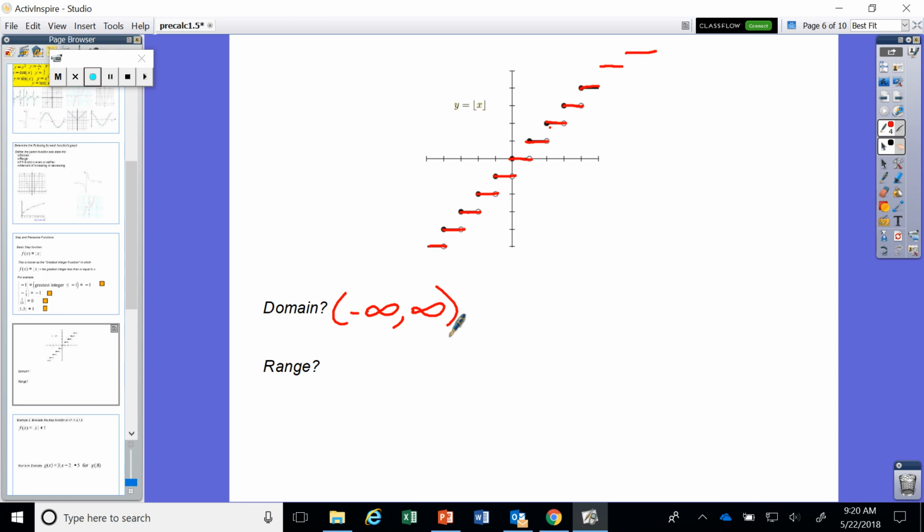But what about the range? Does that hold true? Hopefully you see that it doesn't. Every time, these horizontal steps end up falling at an output value that is an integer. So the set of all integers is going to be the range in this case.